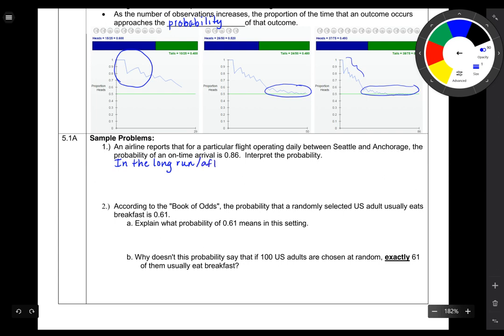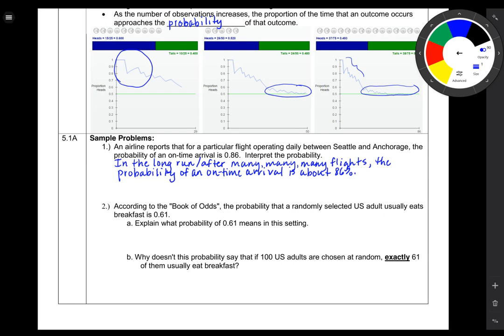So after many, many, many flights, the probability of an on-time arrival is about, now I don't say "is" because you're never going to approach that exact 86%, but it's going to approach that after so many different trials. So it's going to get to about 86%.